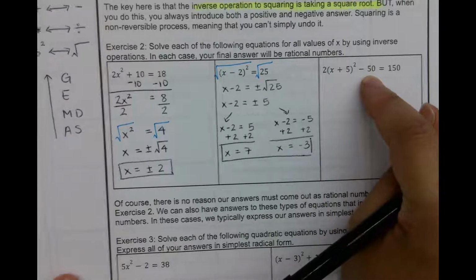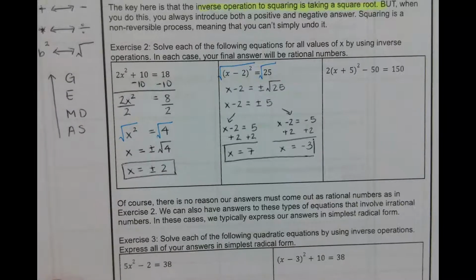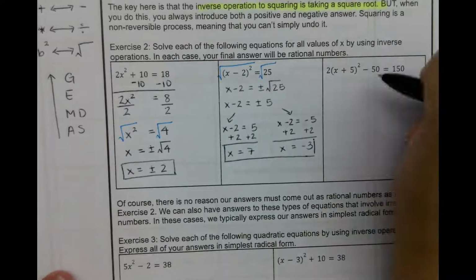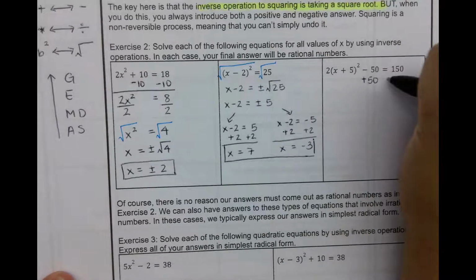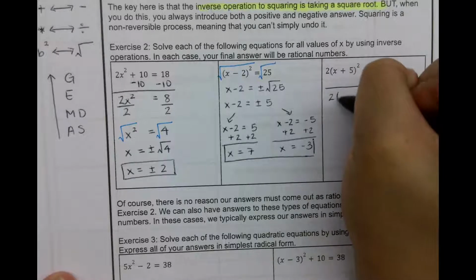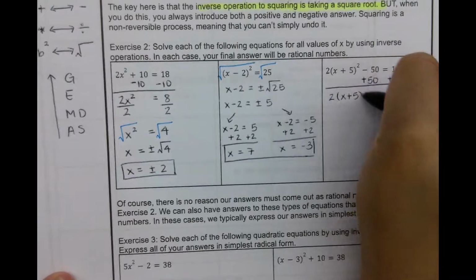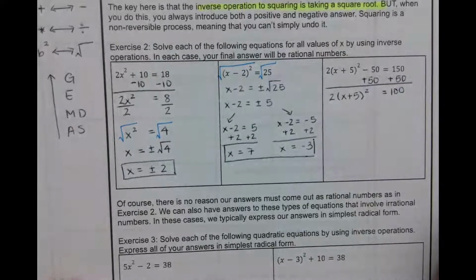Okay, so whenever we're solving, we go reverse order of operations. So the first thing I'm actually going to do is get rid of this minus 50 by adding 50. What you do to one side, remember you got to do to the other. Sorry.